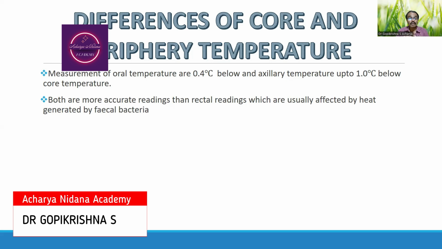These are more accurate readings when compared to rectal readings, because heat production may be possible in the fecal matter due to the presence of fecal bacteria. Because of that, there may be a possibility of erroneous reading while recording the rectal temperature. Hence, oral temperature and axillary temperature are the most preferred temperatures.